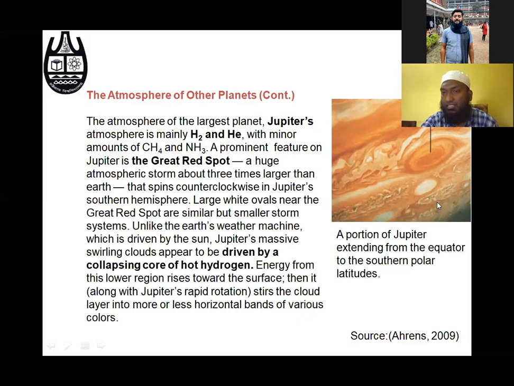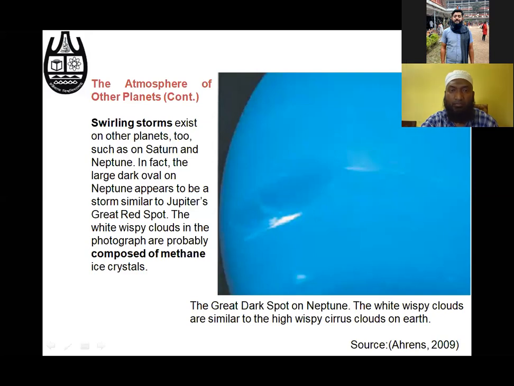Here is another white spot also. This spot is very prominent, like the Great Red Spot here and the white spot here. They are very important features of Jupiter's climatic system.